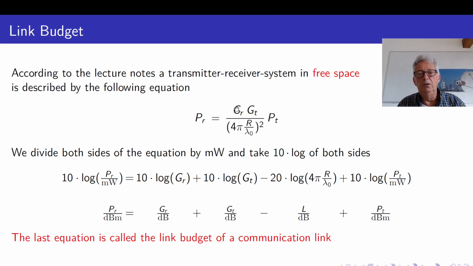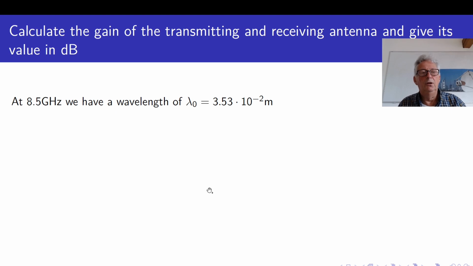Instead of using this formula now in the dB scale, everything is reduced to addition of dBs or dBms. And in the next step we will now calculate GR and GT in dB. So at 8.5 GHz we have a wavelength of 3.53×10⁻² meter.